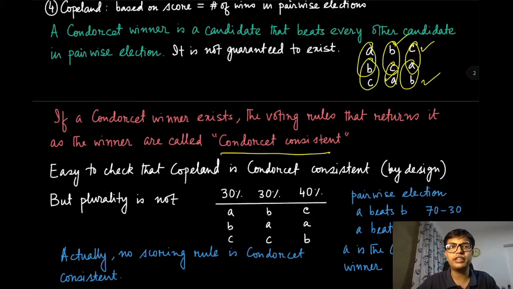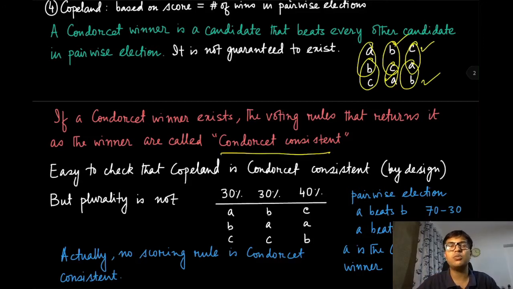And it is not very difficult to see that Copeland is going to be Condorcet consistent, for the very reason that if there exists a Condorcet winner, that means it is winning all possible pairwise elections, then that candidate will have a score of M-1. It is beating everybody else in pairwise elections. Now, if you look at any other candidate, that candidate will have less than M-1 score, because it is at least losing in the pairwise election against that Condorcet winner.